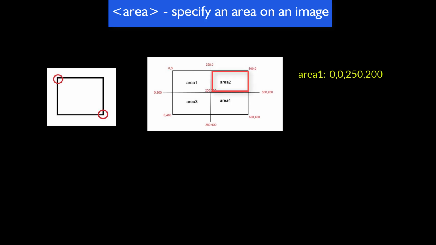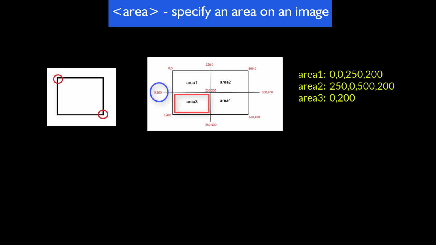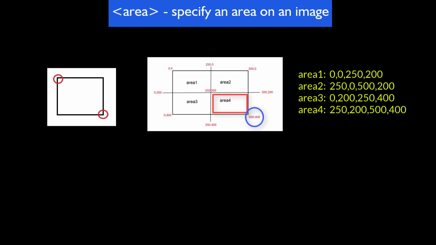Area 2 is 250, 0 for the upper left corner, and 500, 200 for the lower right corner. Area 3, upper left corner is 0, 200, lower right corner is 250, 400, and area 4 has its upper left corner at 250, 200, and lower right corner at 500, 400.